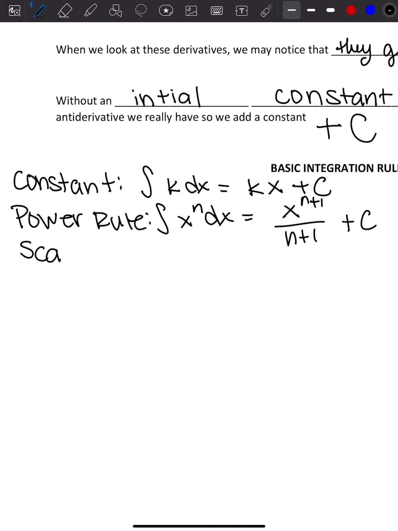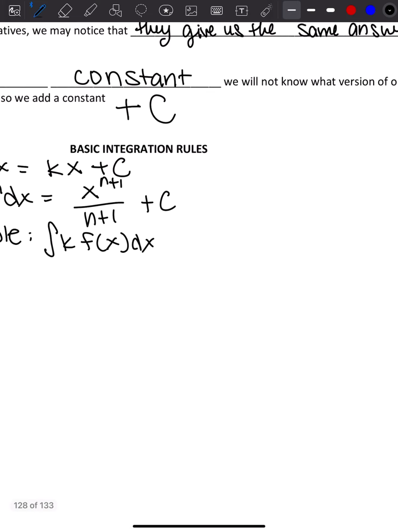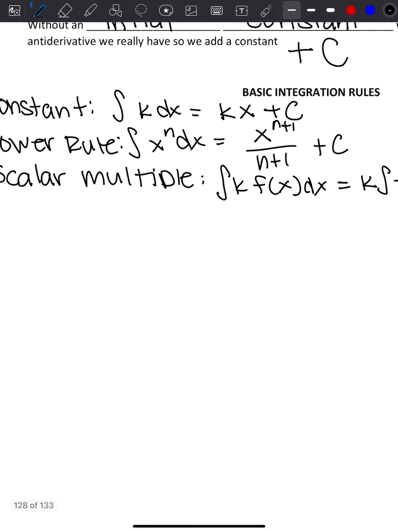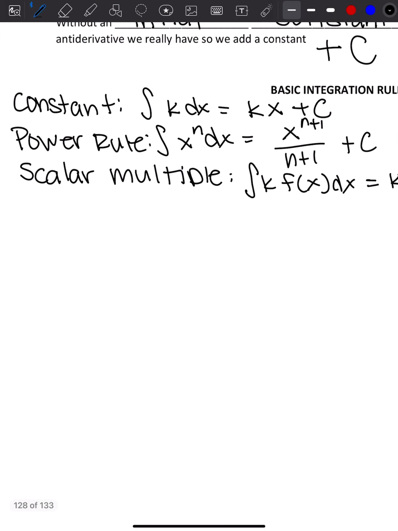If we have a multiple of some number, we call this a scalar multiple. We can take that multiple and just put that number out front, as long as it doesn't have a variable with it. And then we get into some ones that we kind of use a lot.